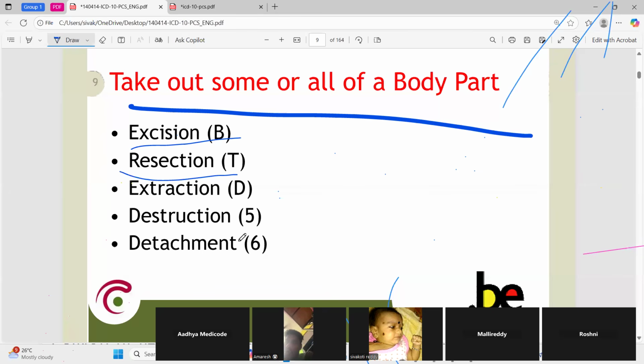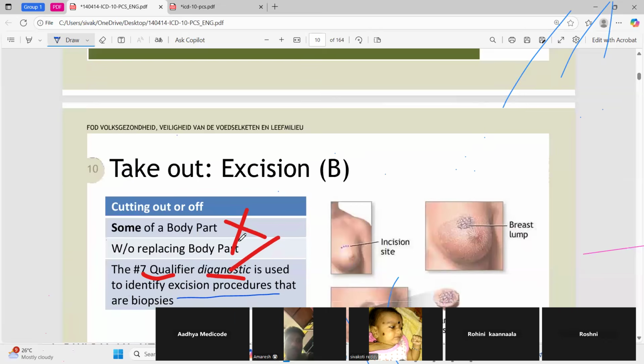The first root operation is excision. Correct? What is the value for excision? B. Resection is T. Now we can discuss the definitions of these two root operations, excision and resection.